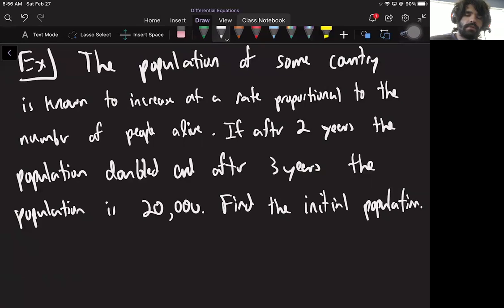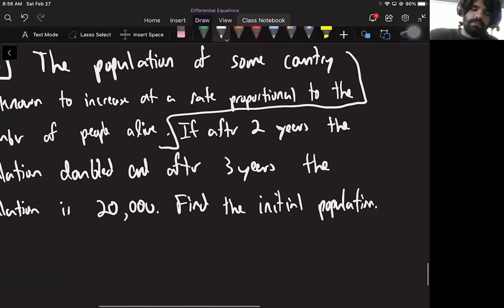Okay, so here is the next problem. This time we're talking about the population of a country. So it still counts as an amount. And in this country, the amount is increasing. So it's changing at a rate proportional to the current population, the number of people alive there. So this is saying that we are in the same situation.